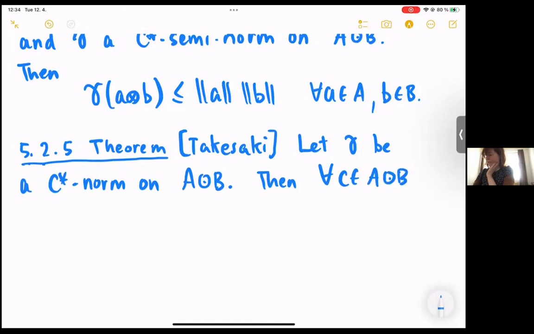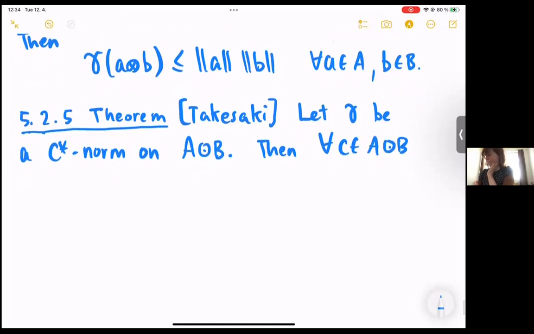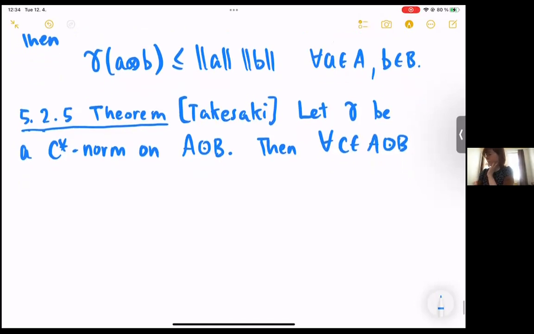And this is why it's usually called the minimal norm. So now we see why it's called the spatial norm and the minimal norm. I would say more often these days you hear it called the minimal tensor product.